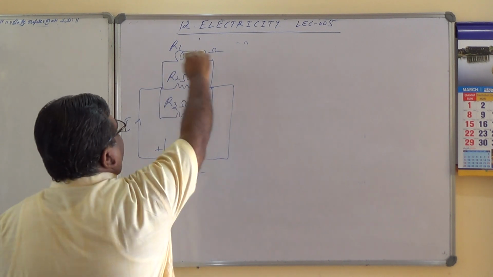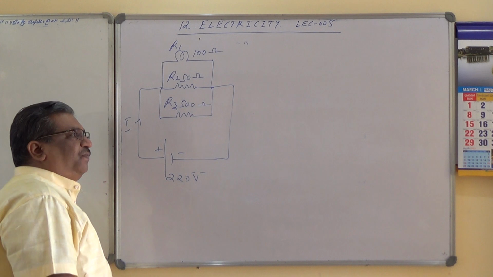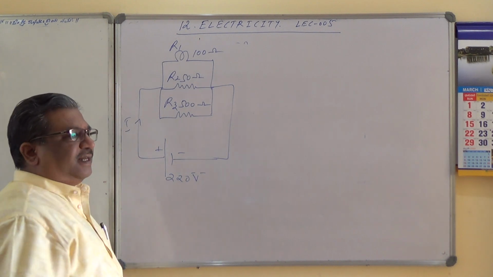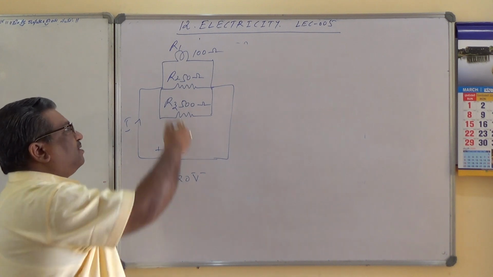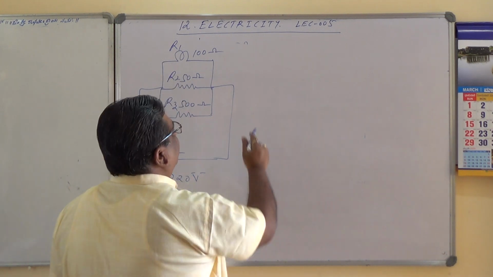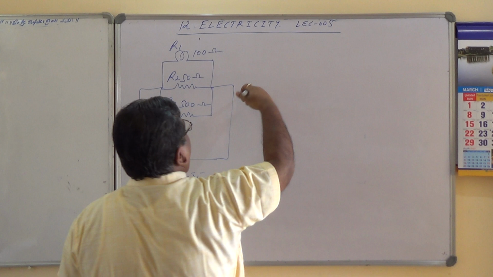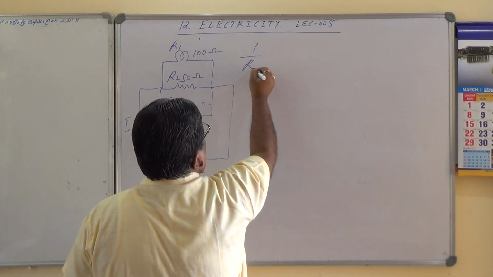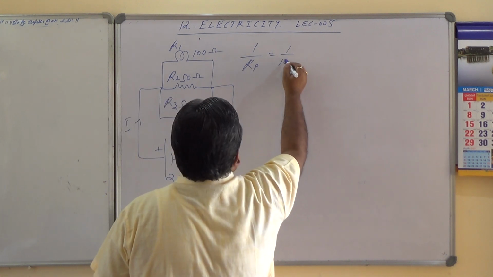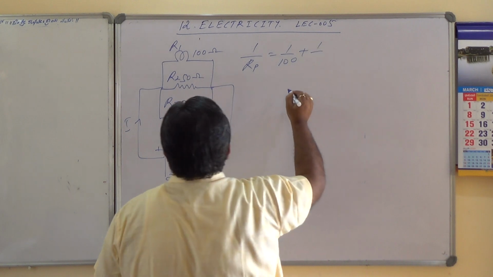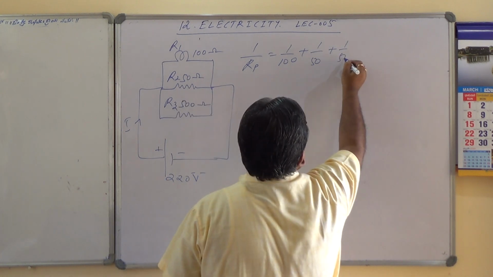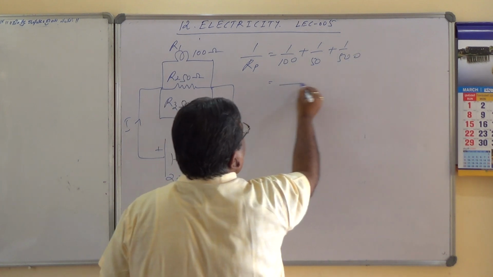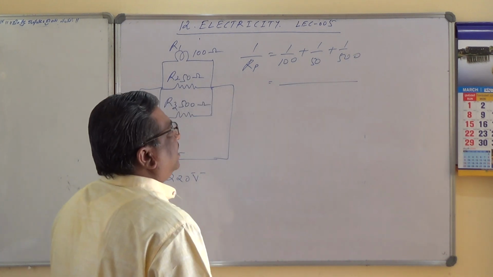The question is, if all these three are replaced with an electric iron heater, what would be its resistance? It is nothing but equal to the effective resistance of all these three in parallel combination. Let Rp be the equivalent resistance. Therefore 1 by Rp equals 1 by R1 plus 1 by R2 plus 1 by R3, which is 500. What will be the LCM over here?